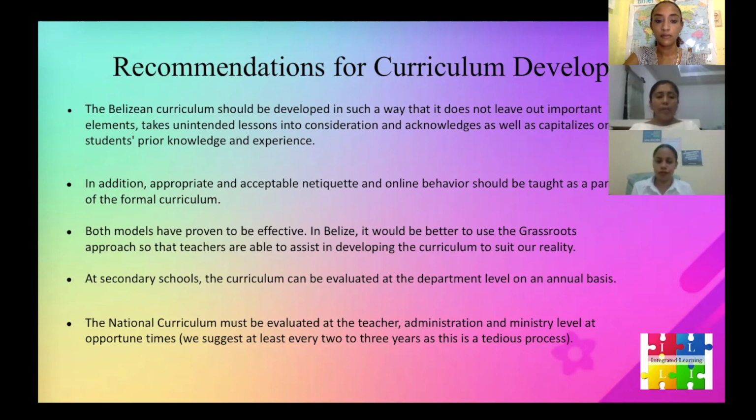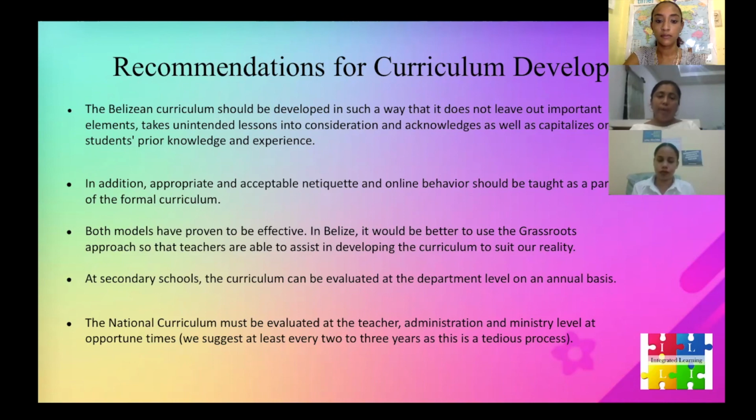In regards to the two models that we've looked at for this lesson, both of them have proved effective over time. In Belize, it would be better to use the grassroots approach. I say this because the grassroots approach involves the input from teachers.